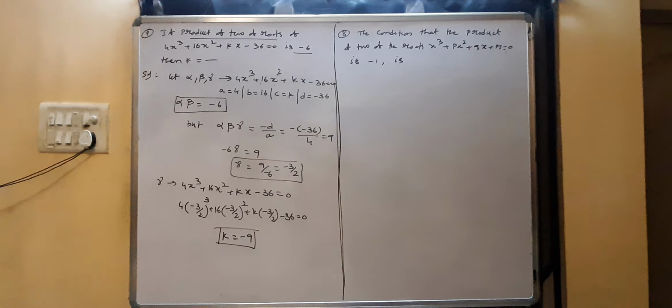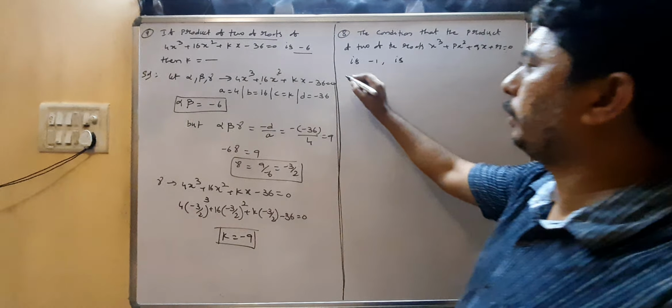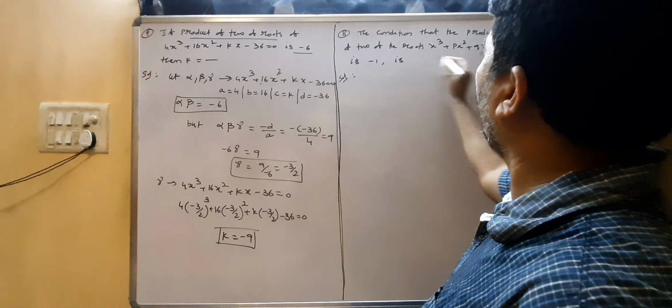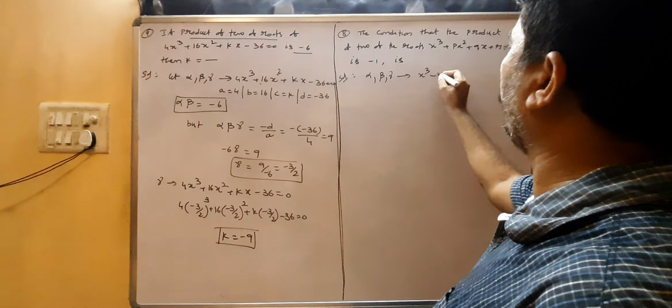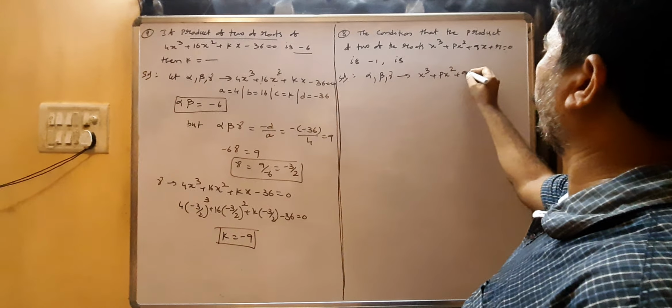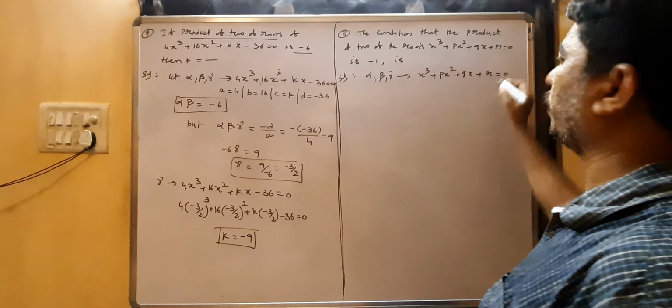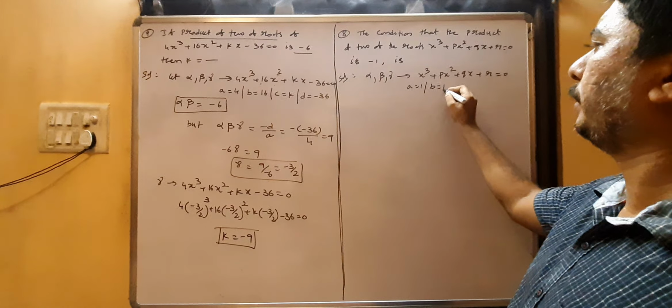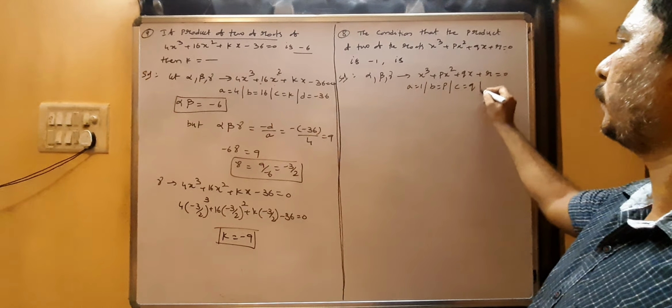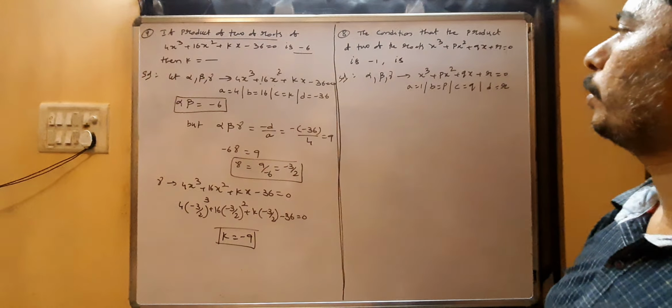Coming to the next question, same model. You have to find the condition. Same model in this problem also. Alpha, beta, gamma are the roots of x cube plus px square plus qx plus r equal to 0. Coefficient of x cube, a, is 1; b is p; coefficient of x, c, is q; d equals r.